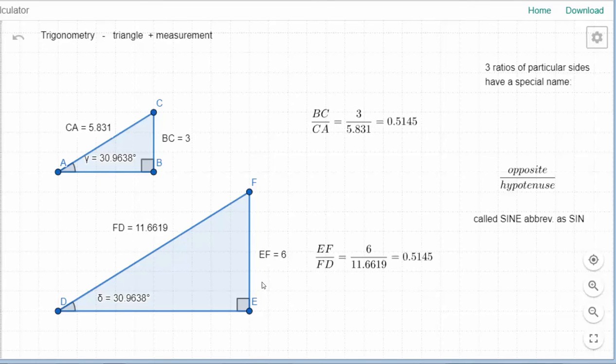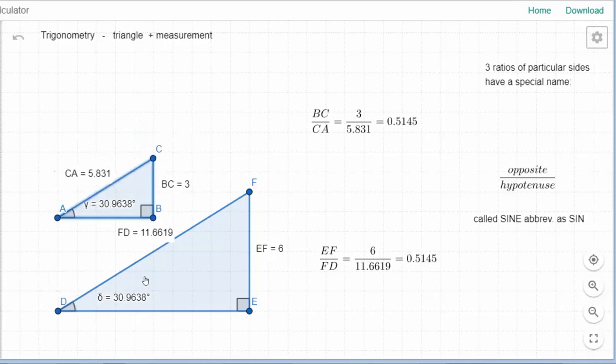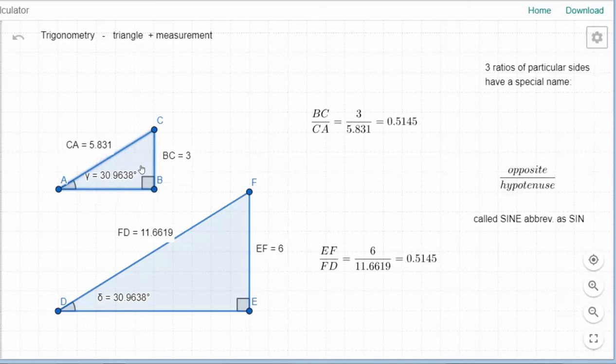The large triangle, opposite is 6, hypotenuse is about 11.66 something. So again, you divide those two numbers, that's the ratio, and you get 0.51 something. They're both the same triangles. Again, we've seen that before. They're similar triangles, different size but the same angles.